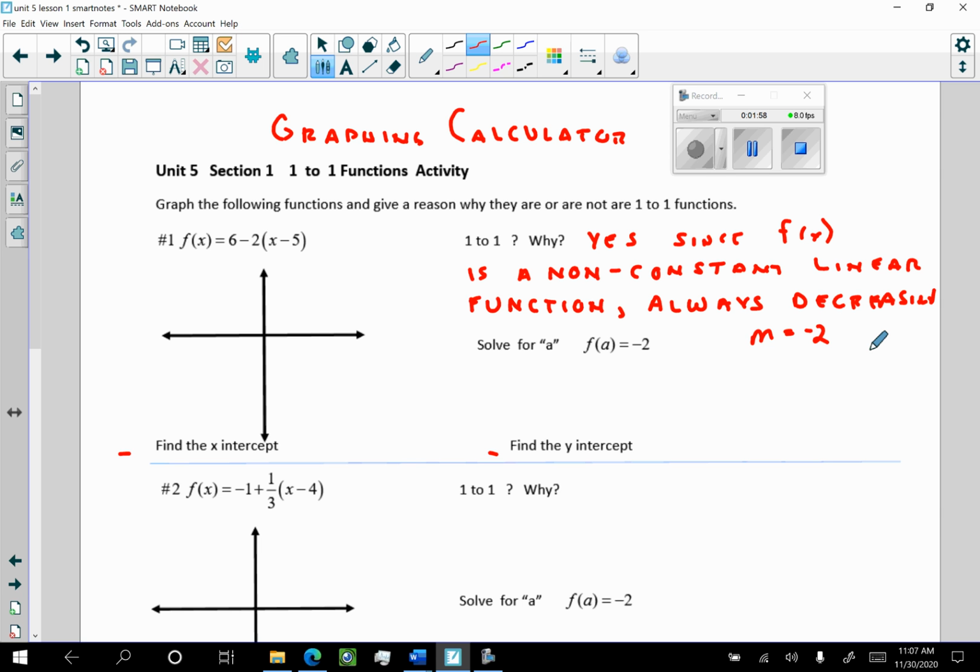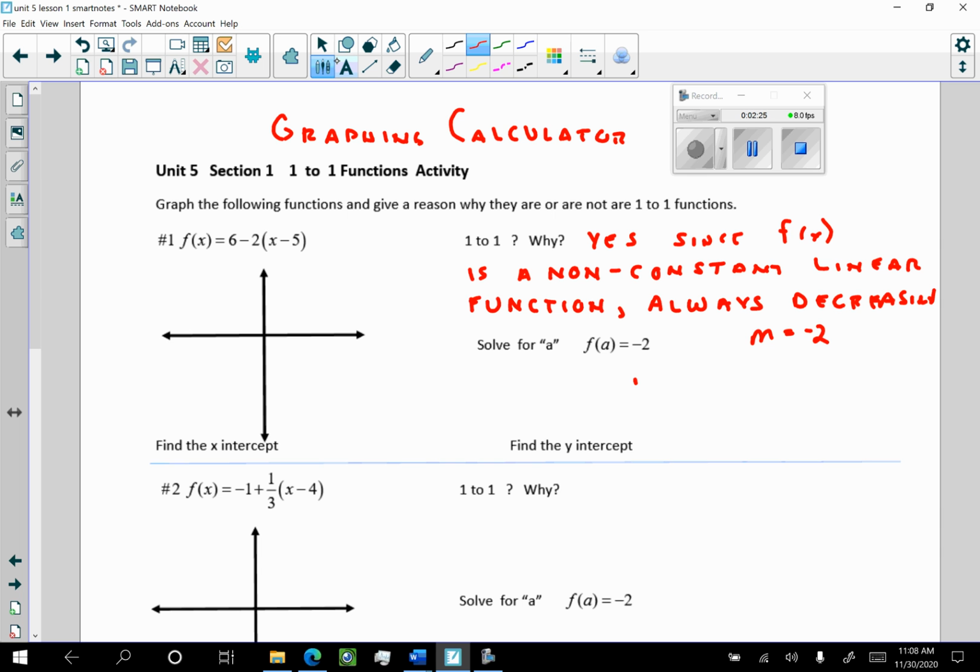Before I graph this, I'm going to find the x-intercept and the y-intercept, and I'm going to use my calculator to do this because that's going to give me a better picture. I can scale my graph better. What is the x-intercept?